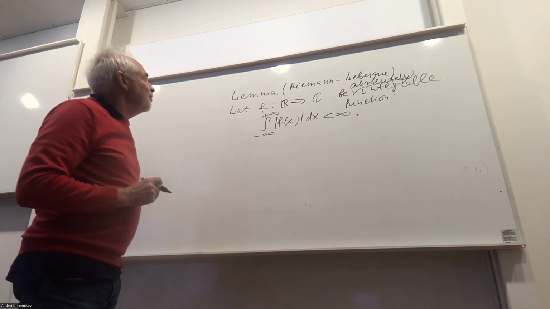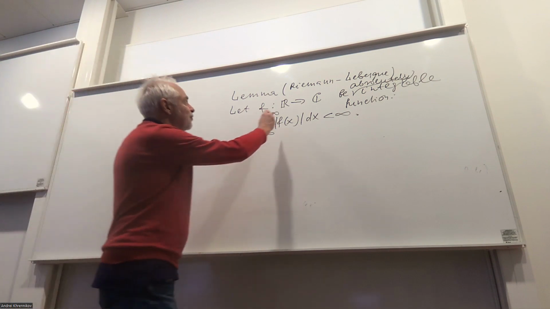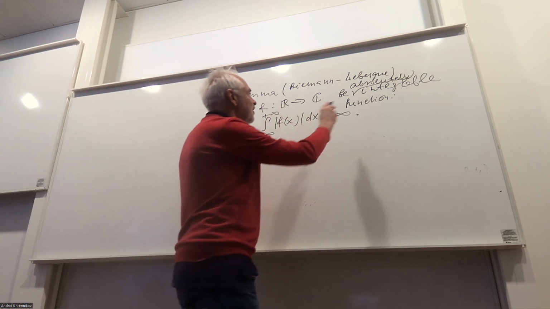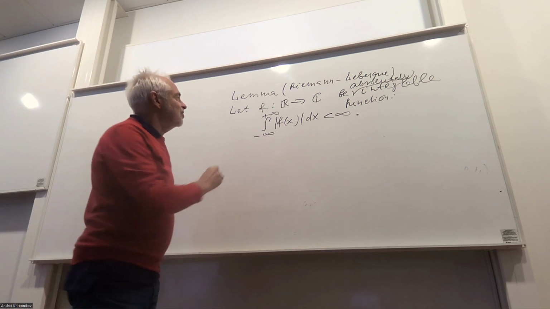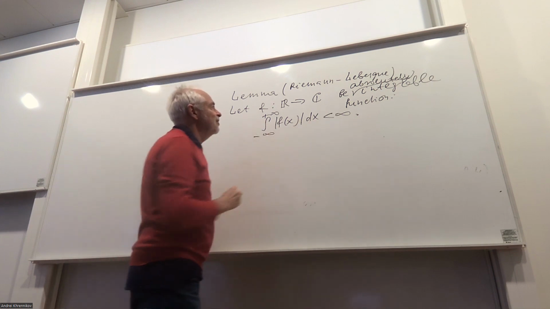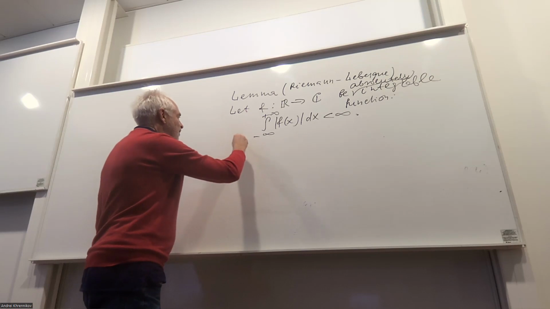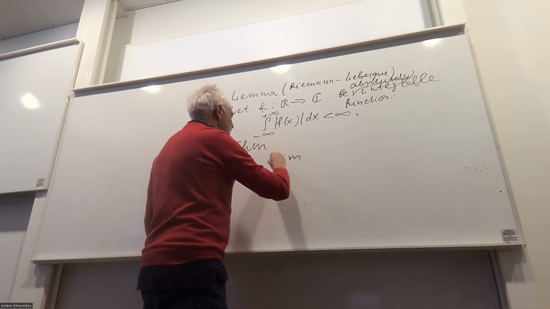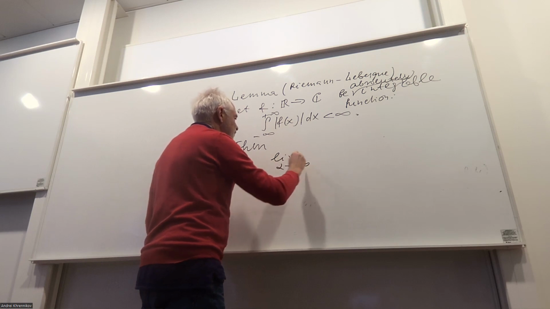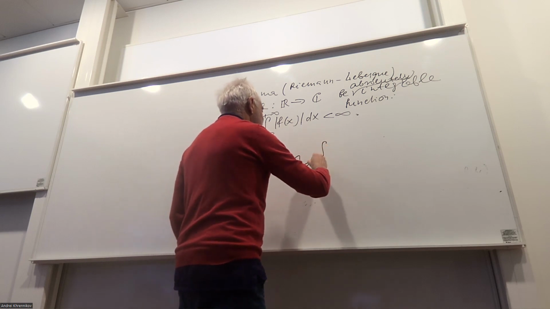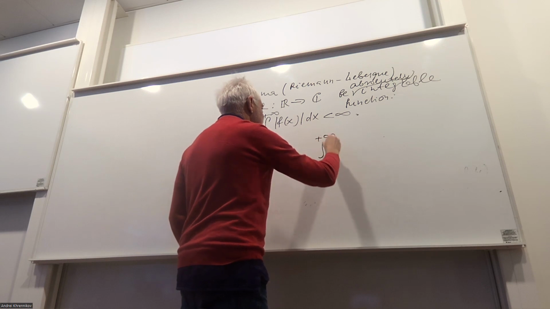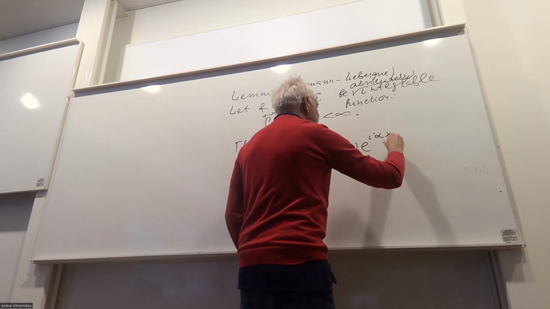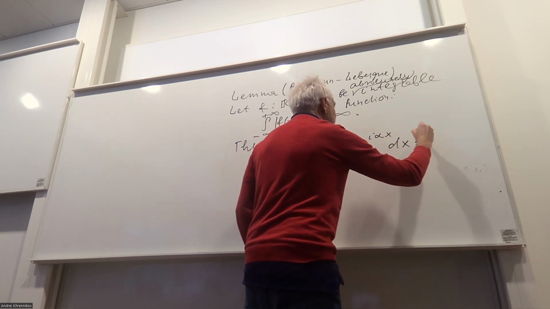So the Riemann-Lebesgue lemma. Let f be a function from the real line to complex numbers, and it is an absolutely integrable function such that the integral of its absolute value is less than infinity. Then the limit as alpha goes to infinity of the integral from minus infinity to infinity of f(x) e^(i alpha x) dx is equal to 0.